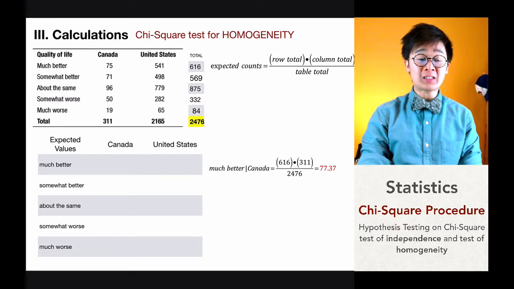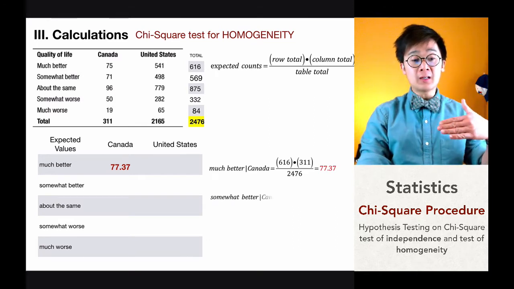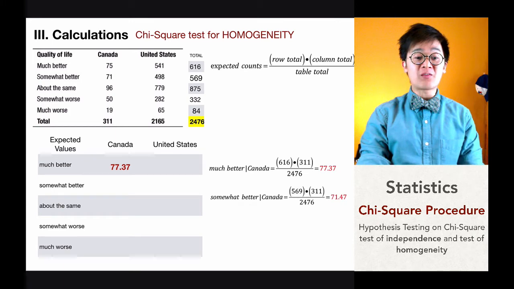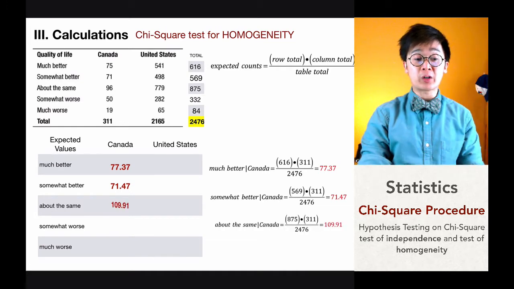So for the first category under Canada, we have 77.37 as its expected count. And we're going to do that for the second category, multiplying 569 and 311 divided by the table total of 2,476, which gives us 71.47. Then for the third category, we do the same thing, which gives 109.91.